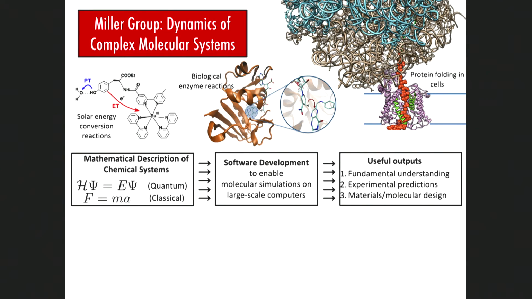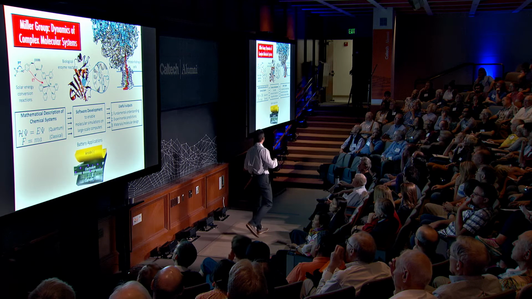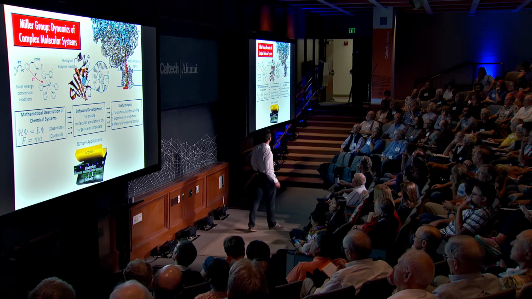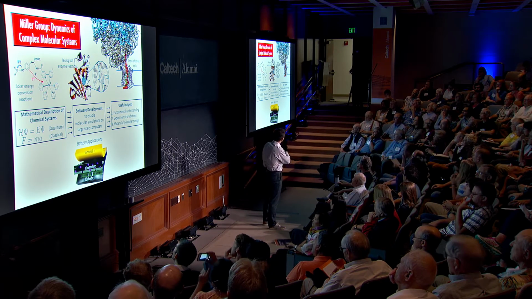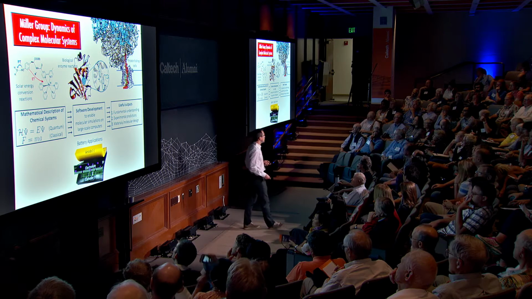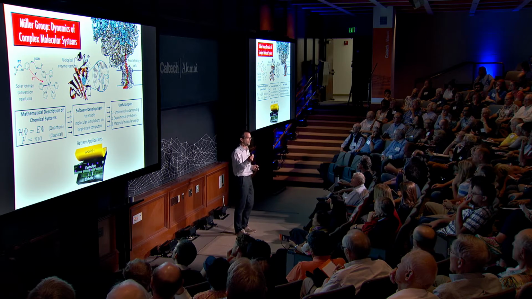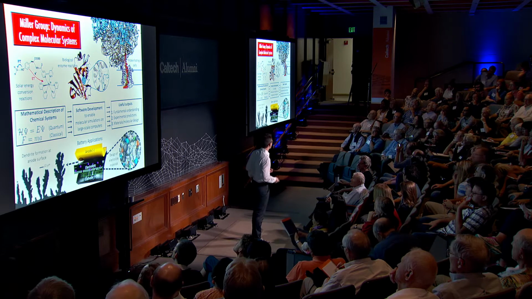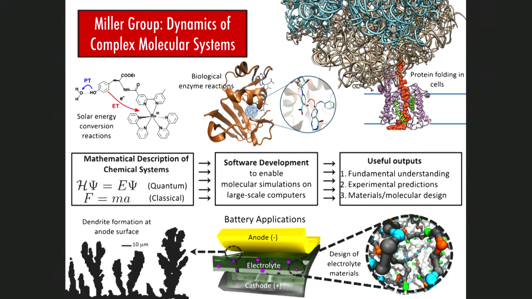And the story that I'll be focusing on today pertains to another project in which we investigate technological applications of these molecular systems, and particularly with focus on battery applications, where we seek to understand some of the underlying molecular processes that are making a battery work and making a battery break. And in the case of breaking, we investigate the formation of unwanted metal deposits at electrode interfaces.